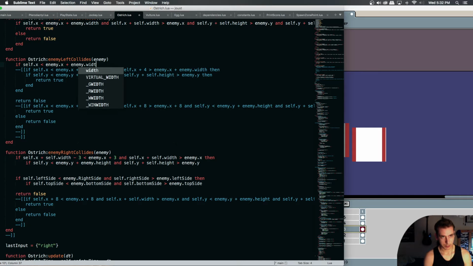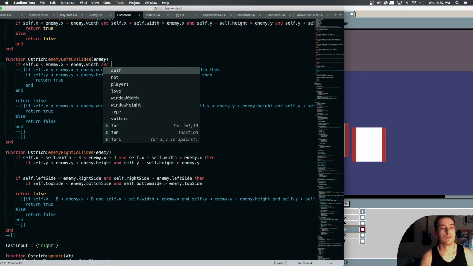That would be the right side of our enemy. And we would also do the, I already messed up. The leftmost side of us needs to be smaller than the enemy right side. Okay, that's right.